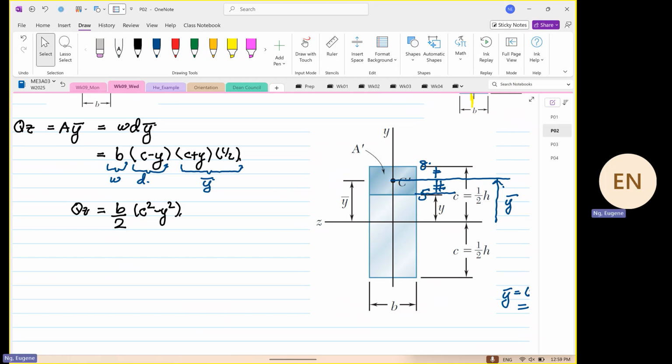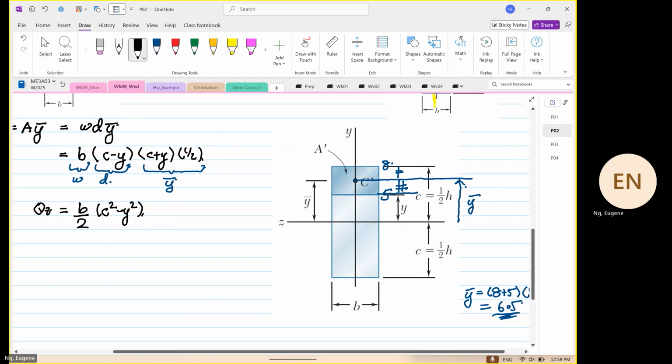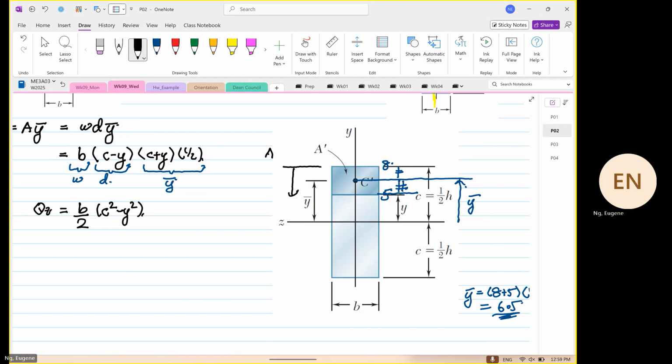When you look at the first moment of area, the analysis starts from outside in. Are we clear?